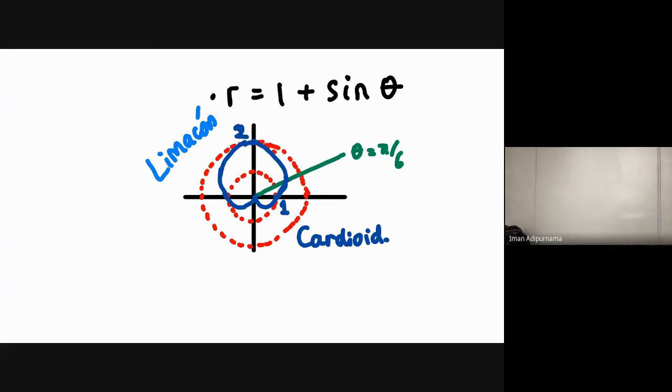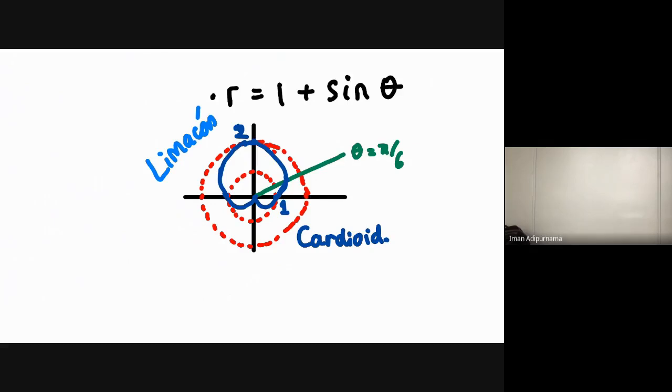And this is also using the same pattern. You see it's a plus sign, right? If you have one minus sine, it will be this. If you have one plus cos, it will be this.